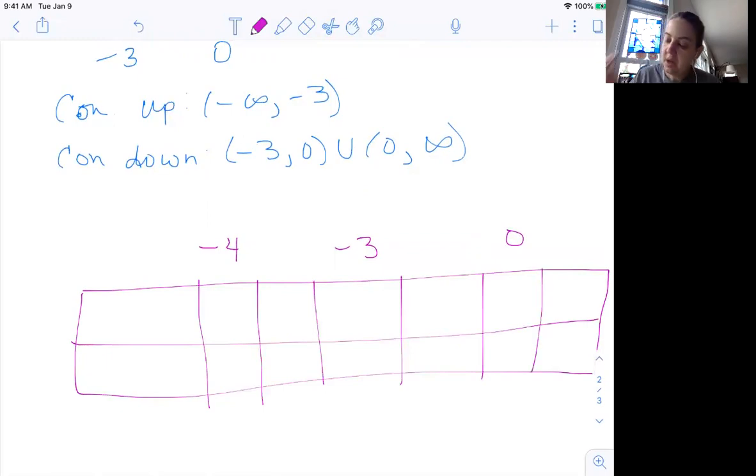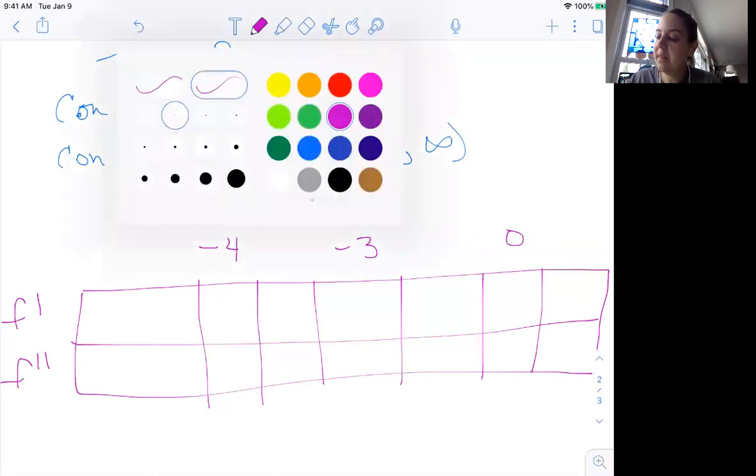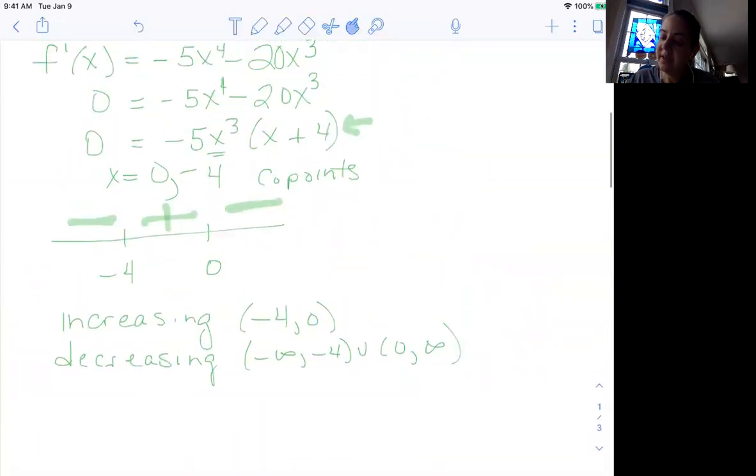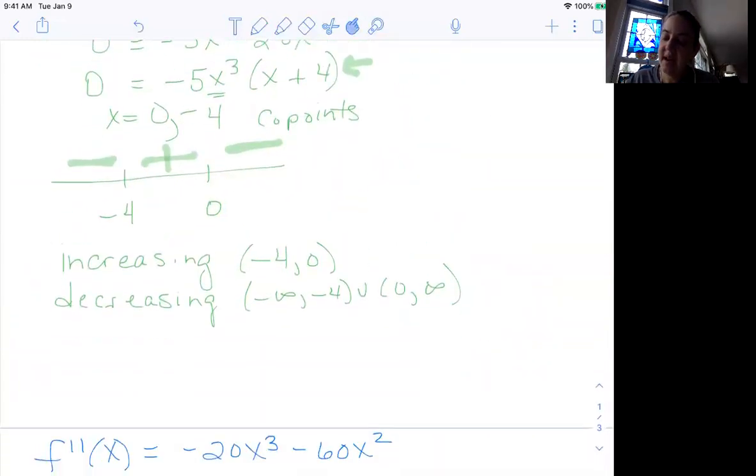Okay. So in my table, I'm going to have information about the first derivative and the second derivative. Basically, my table represents both number lines. So if I come up here and we talk about the first derivative information, well, the first derivative went negative, then positive, then negative. And the critical points were at negative 4 and 0.